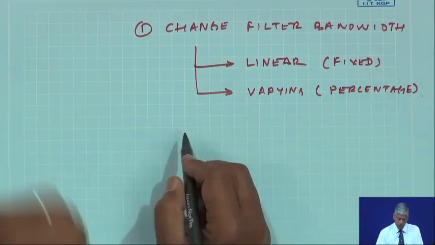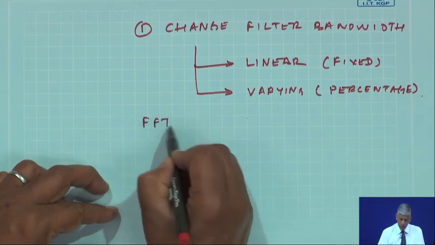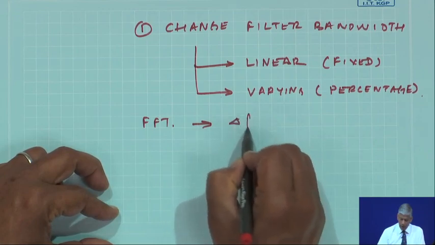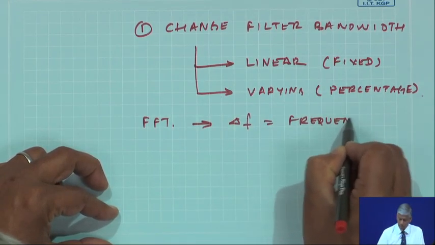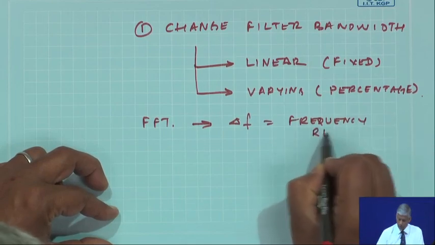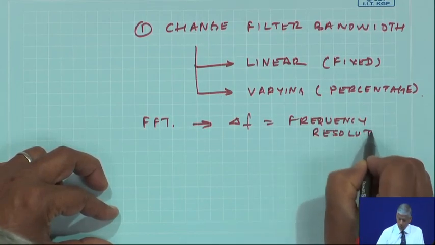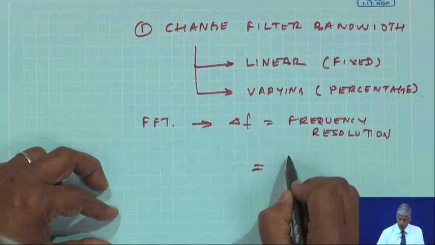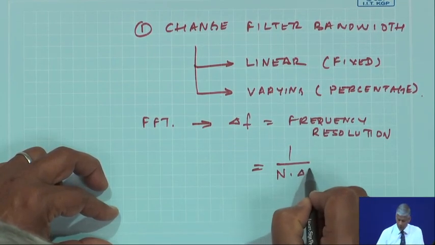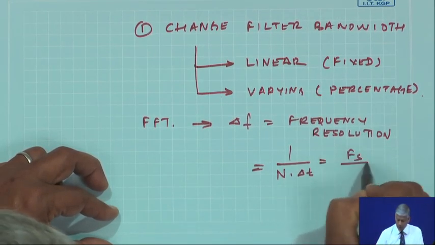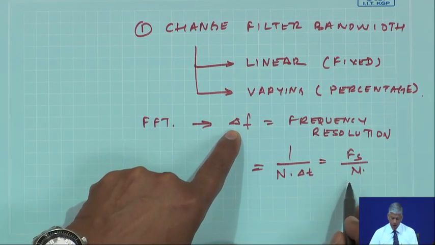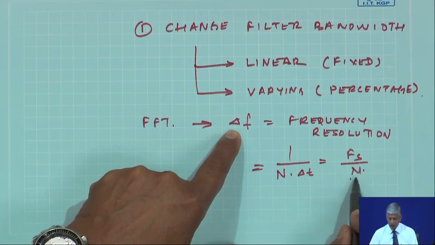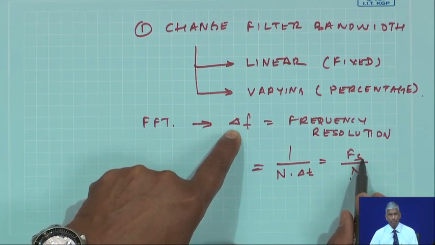Okay. When we did FFT, we calculate delta f, which is nothing but the frequency resolution. And if you will recall, this delta f is nothing but 1 by n times delta t, that is Fs by n. So, to get a very narrow band, I need to increase n if Fs was same. Okay.